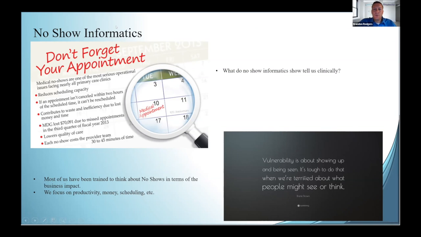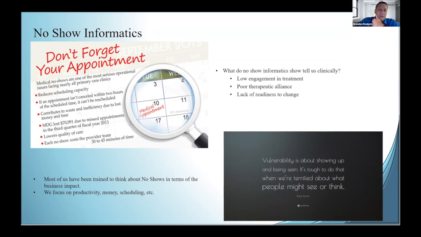But as all of you pointed out, they talk to us about clinical changes too. So maybe that shows a low engagement in treatment. That could be a relationship with the provider. It could be a fear. It could be, I don't have enough things to be able to get me to the appointment. And it can talk about that lack of readiness for change, right?